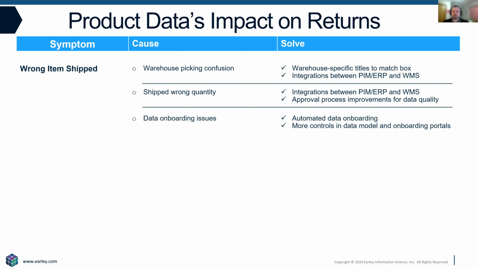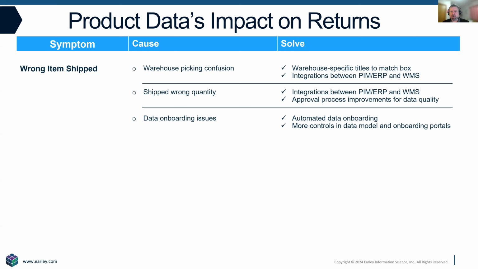And that's important from a product data perspective as well, because if the SKU in the PIM is different than the SKU in the WMS, and the PIM ends up passing the data to the e-commerce platform that makes the sale, you can never pick the right item. So from an integrations perspective, it's very important to understand that as well. The more connected your systems are, the less likely that your warehouse people are going to pick the wrong item or the wrong quantity of the item.